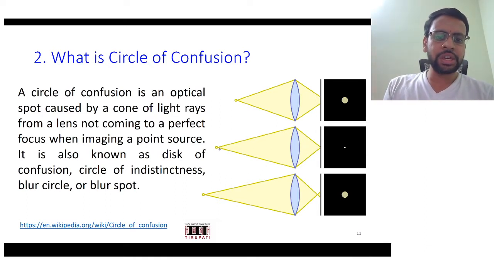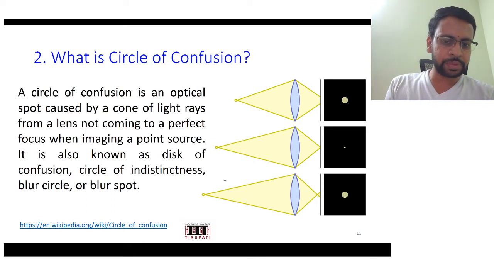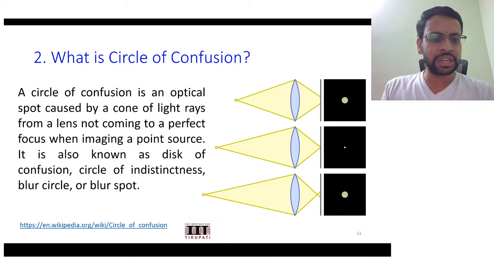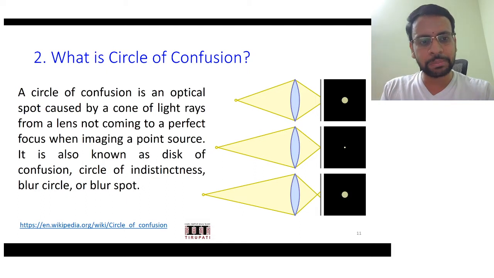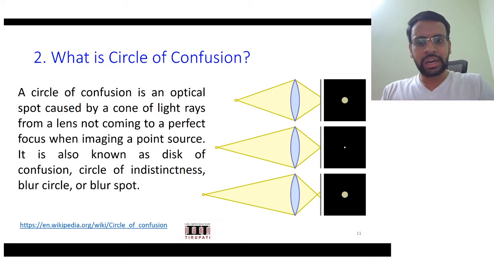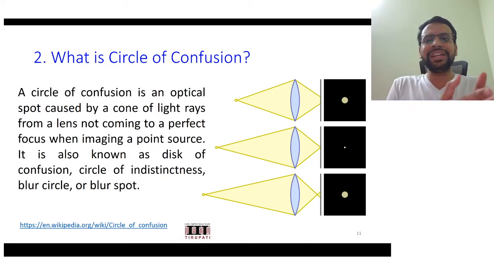Anything closer than that or farther than that would result in an effect like this. That point would contribute to multiple points on the screen. This is referred to as a circle of confusion, and we are going to see why it's called so.